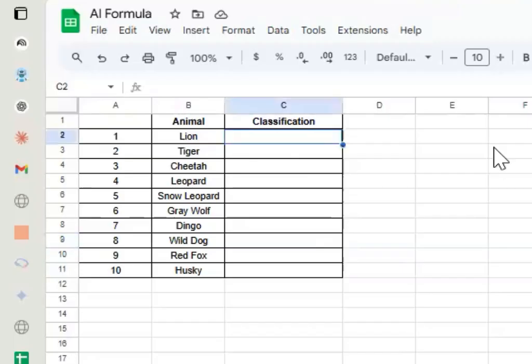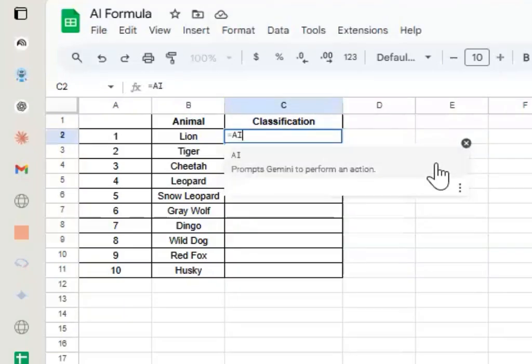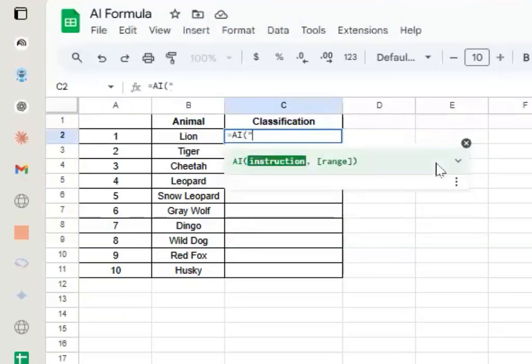And so, for example, now where I need to classify a list here between is this animal a feline or a canine, I can enter the equal AI, I do my parentheses, and then I write my request or my prompt. Is this a feline or a canine? Again, I have to have my quotation marks.